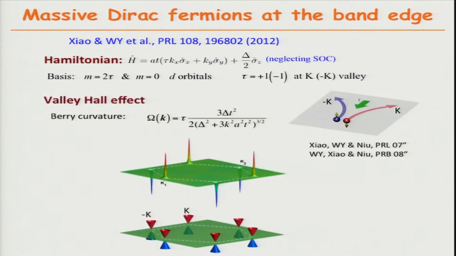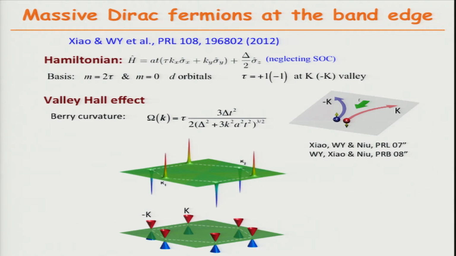We know that this massive Dirac fermion is associated with a finite Berry curvature, but because now you have two valleys that are time reversals of each other, the Berry curvature at the two corners must have opposite sign. So if you consider electron motion in an in-plane electric field, then carriers from the two valleys will have opposite transverse velocity.